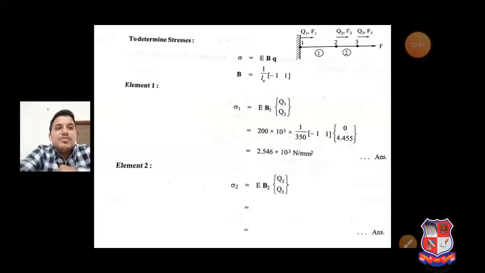So our answer is 2.546 into 10 raised to 2 Newton per mm square. Similarly we have to find the stress in element number 2. So this is for the conventional method as well as the potential energy method in finite element analysis.